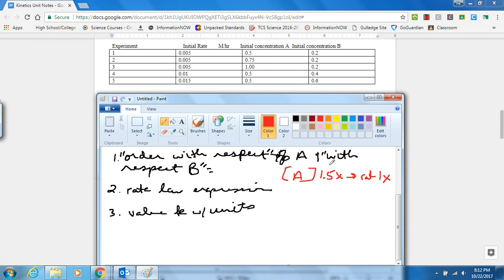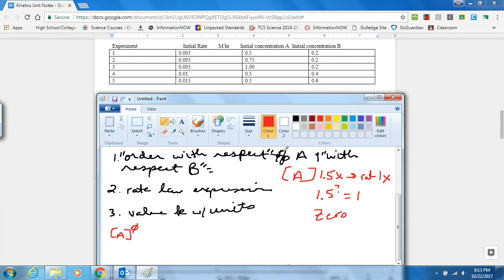So then you ask yourself, what order would cause that to happen? 1.5 raised to what order equals 1? You see how I'm looking at not these numbers, but at what's jumping, what's changing between my concentration and my rate. Well, 1.5 raised to the 0 order, raised to the 0, will equal 1. So what that means is that A is 0 order.